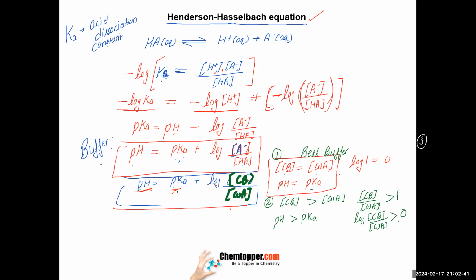I'm writing this is first, this is second, I'm writing the third condition here. In the third condition, we are using the Henderson-Hasselbalch equation. The concentration of the conjugate base is less than the concentration of weak acid. So the ratio of concentration of conjugate base over concentration of weak acid is less than 1. Then what does it mean? If it is less than 1, will the log value be positive or negative?